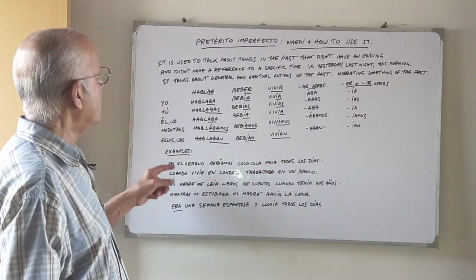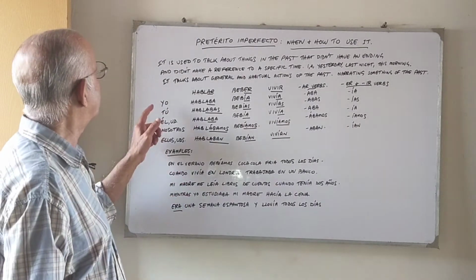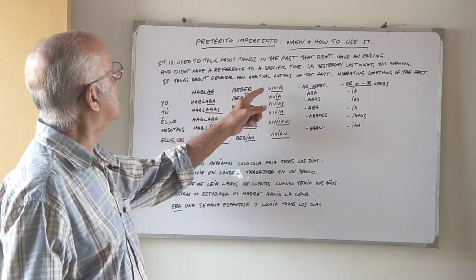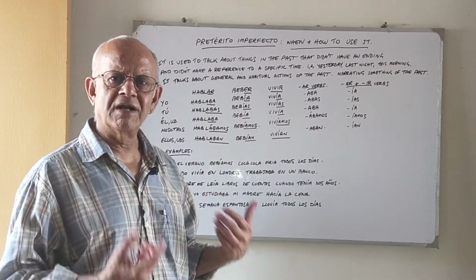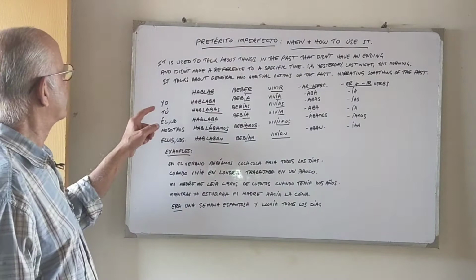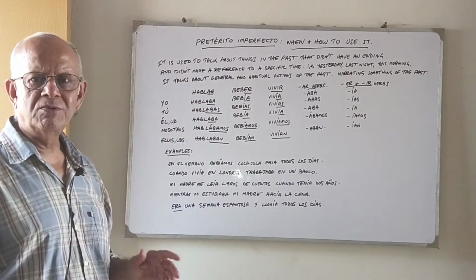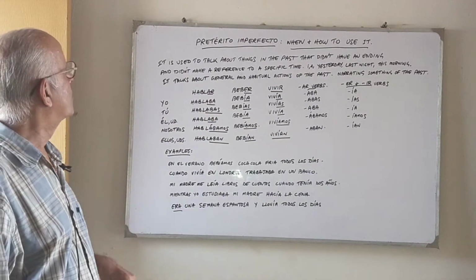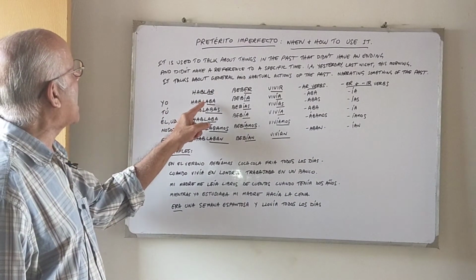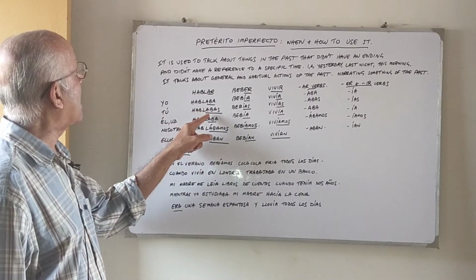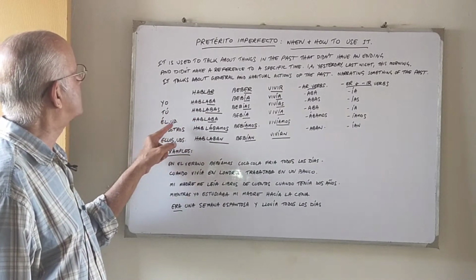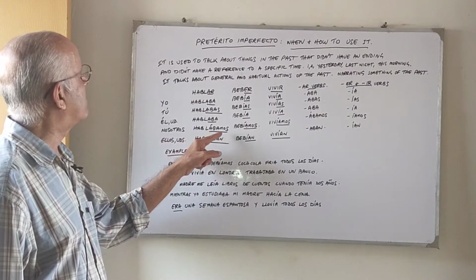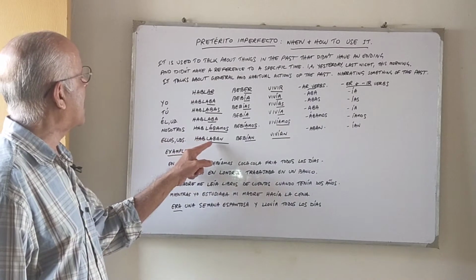It's very simple. AR verbs have a certain pattern, ER and IR verbs have another pattern, which are the same. First, AR verbs. The first step is, as usual, we remove the AR, and then for yo we add aba, tú we add abas, él and usted we add aba, nosotros we add ábamos, ellos and ustedes we add aban.